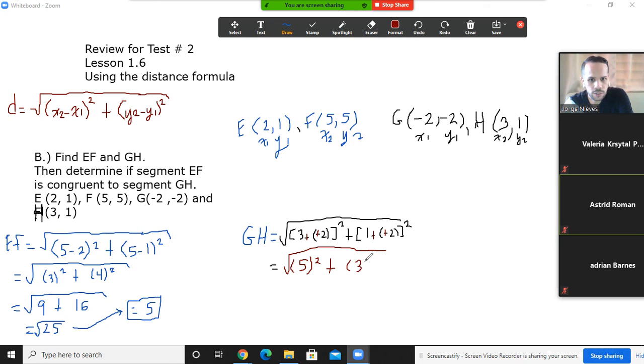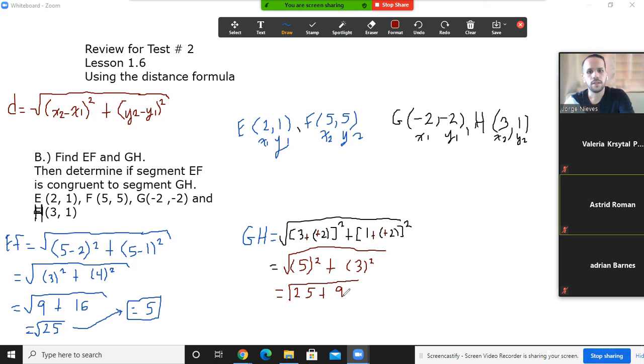So, do you notice something about these segments? Okay, so 5 to the square is 25. Okay, and 3 to the square is 9.